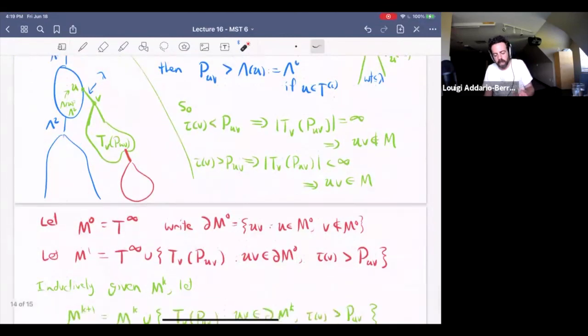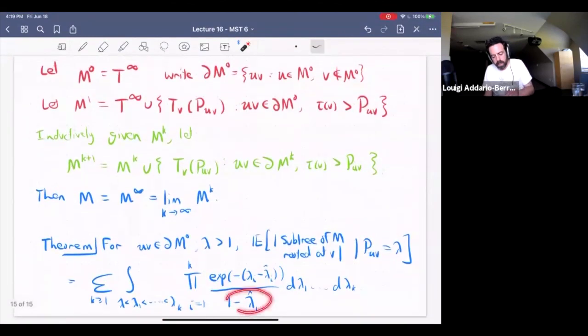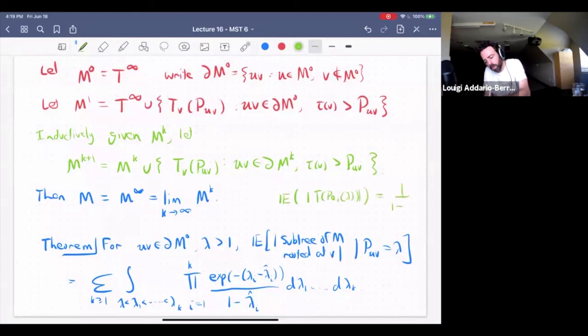And then the denominator is telling you about the size of those trees, because remember that the size of a subcritical branching process is just 1 over 1 minus lambda, when lambda is less than 1. So this is really telling you about the sizes that you get along the way.